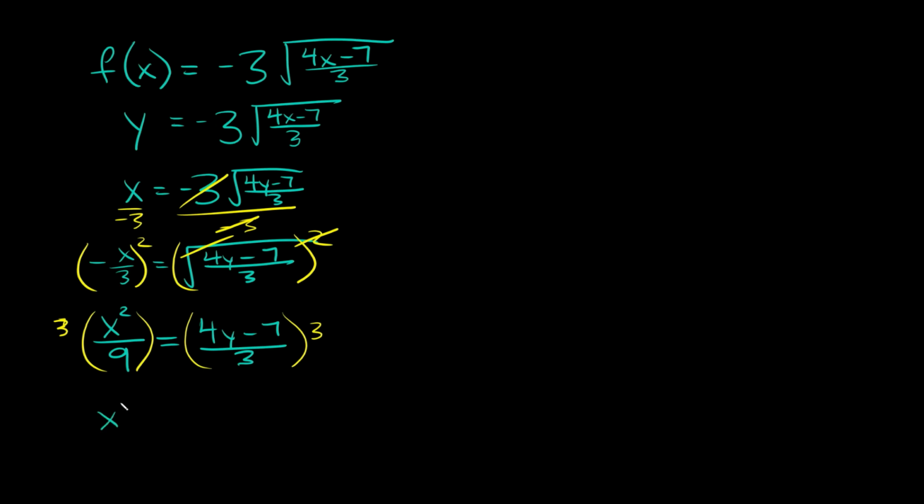And then that's equal to this guy over here, those cancel out, just 4y − 7. Okay, now here we can add 7 to both sides. We'll be left with x²/3 + 7 = 4y.